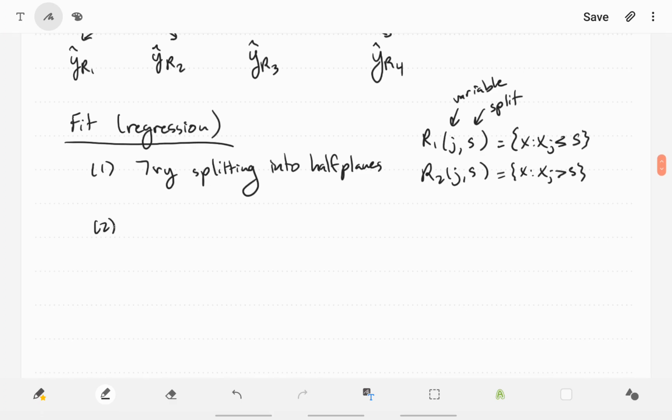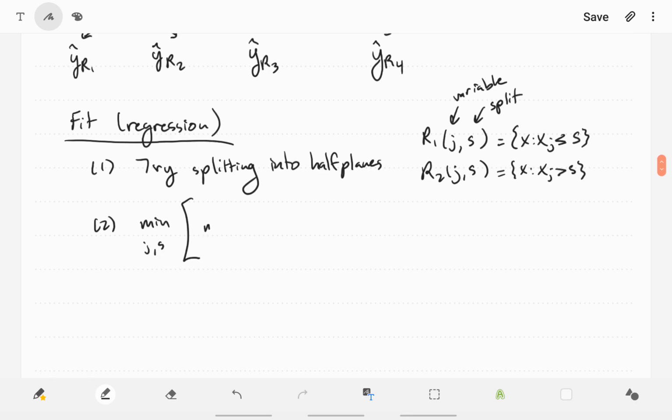And then we have to turn this into a minimization problem. So how are we going to do that? Well, we're going to minimize something over a selection of j and s. That something is going to be our best estimate, our empirical risk minimizer, subject to the prediction being constant over those two rectangles. So what does that mean? Well, we're going to minimize over y hat 1 of the sum over x_i lying within rectangle R1(j,s) of the loss of y_i and y hat 1.